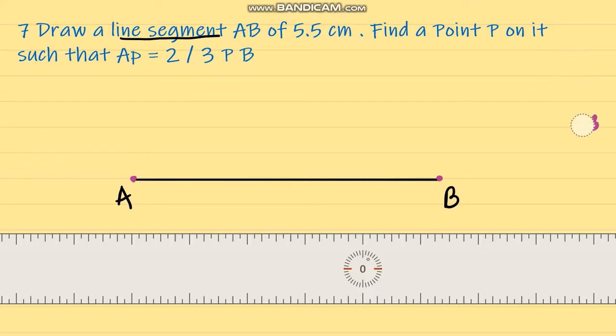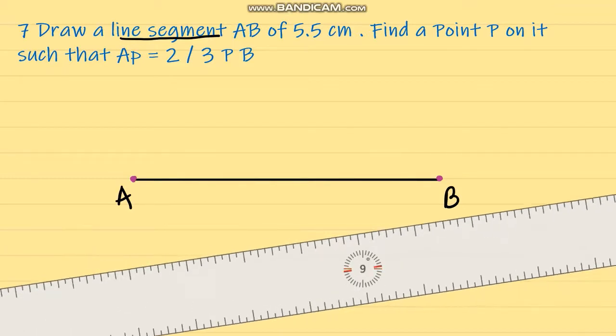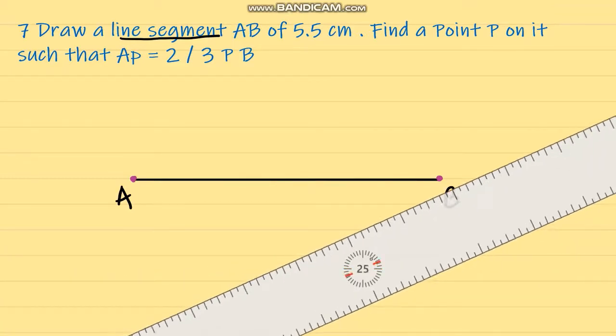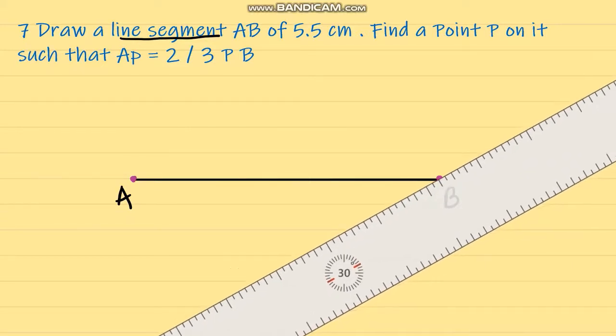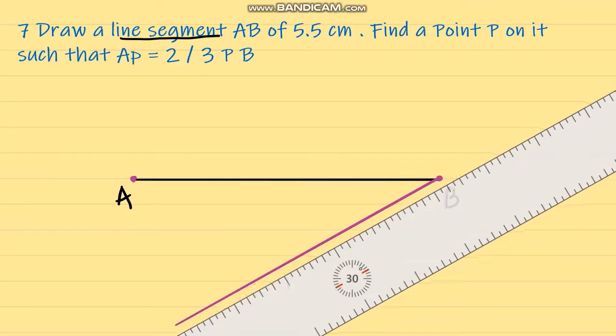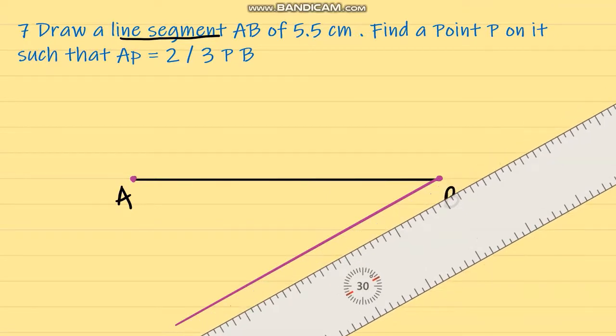Now how can we do this? Start doing the steps. First step is you have to draw an angle at A and also at B. Now see, from B I have drawn an angle to the lower side of the line, and the angle is 30 degree.